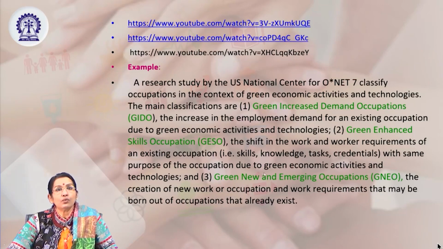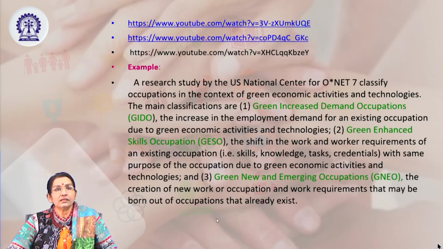That is the future scope of these things. So, increasing demand means the current demand of green jobs, what type of occupations are getting high demand, and the basic skills required for this green economy, that is knowledge, skills, tasks, credentials required for this kind of occupation, and the emerging creation of new occupations from the existing ones.